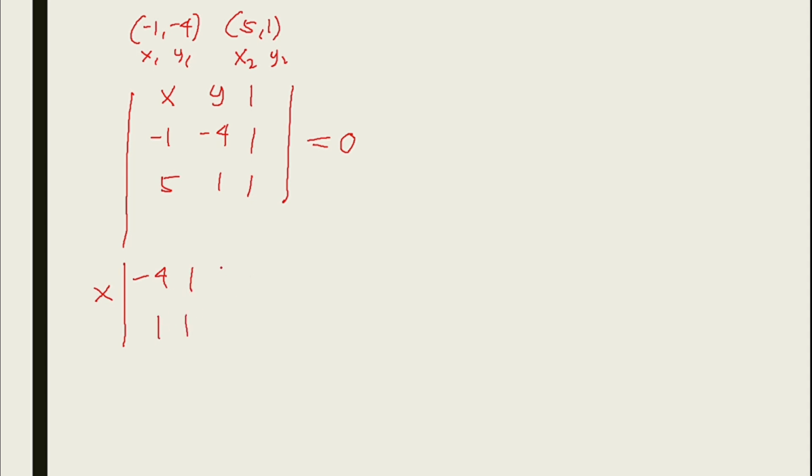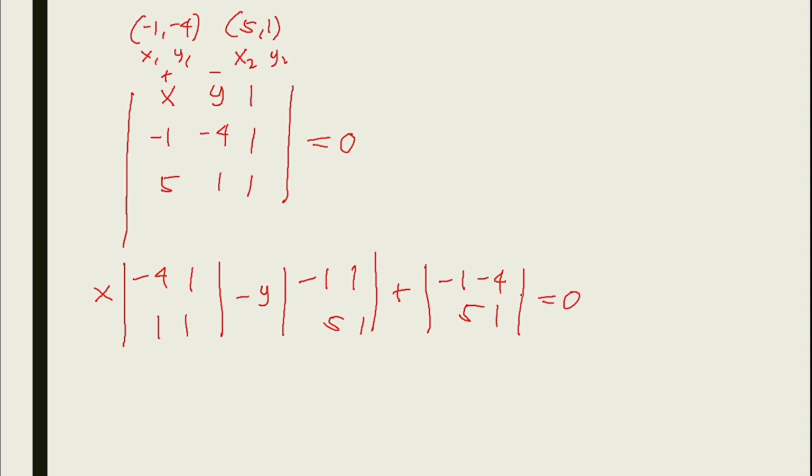Expanding the first row, we have x times the determinant of -4, 1, 1, 1, then minus y times the determinant of -1, 1, 5, 1, then plus the constant, the determinant of -1, -4, 5, 1, is equal to 0.